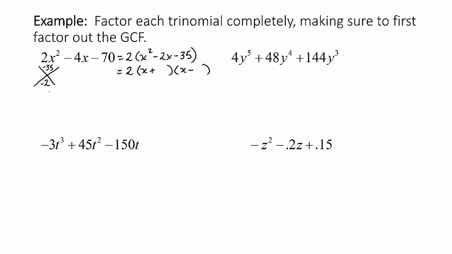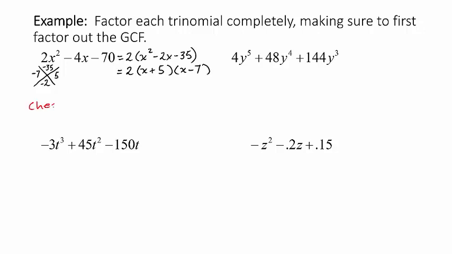And of course the other factor that I think of is 7 times 5. Now if negative 7 were negative and then we had a positive 5, would that give us negative 2 if we added them? Negative 7 plus 5 does give us negative 2. Okay, so we're going to have x plus 5 and x minus 7 as our factors.